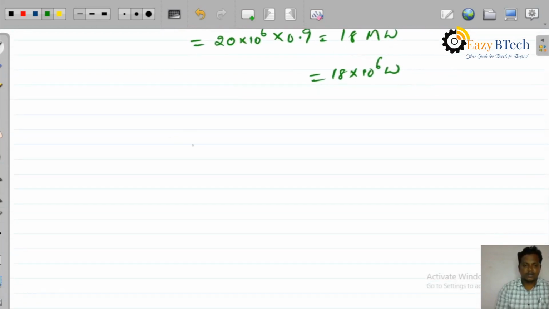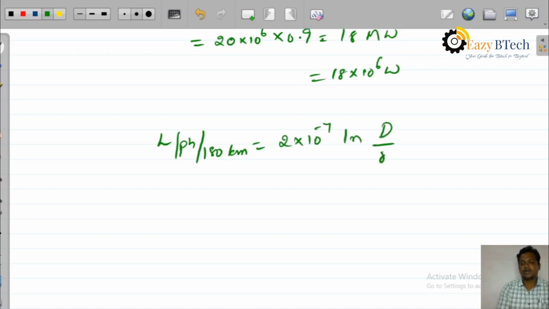Now I have to calculate inductance per phase for 180 kilometers. It is 2 into 10 power minus 7 ln D by r dash, which is in Henry per meter, multiplied by 180 into 10 power 3 for 180 kilometers.